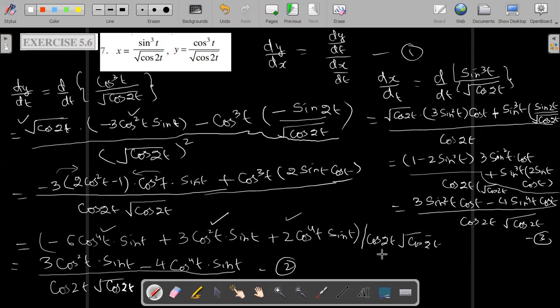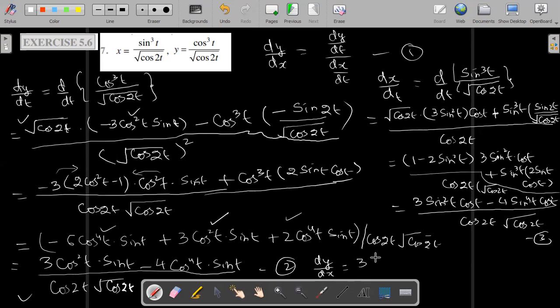When you substitute second and third, both the denominators will cancel. So we get dy by dx is equal to dy by dt, and dy by dt is this one. The denominator will cancel, only the numerator will be left.